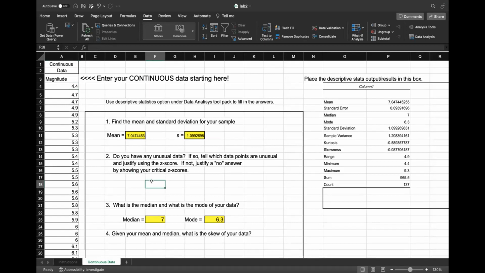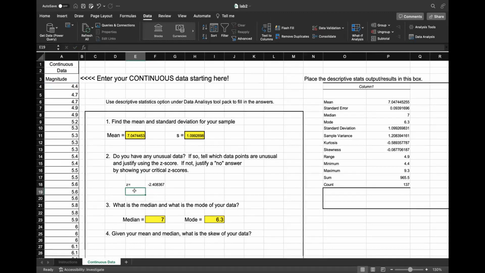So I could take this right here. I'm going to show you how I can math it using Excel. As I said, you don't have to. I would put Z equals, and I'm going to go over here and say equals, parentheses, this right here, minus this right here, close my parentheses, divided by this right here. This is going to give me the Z-score of my lowest value, negative 2.408. That is an outlier.